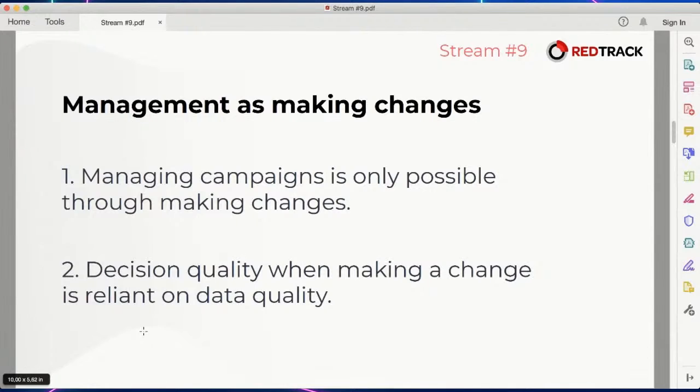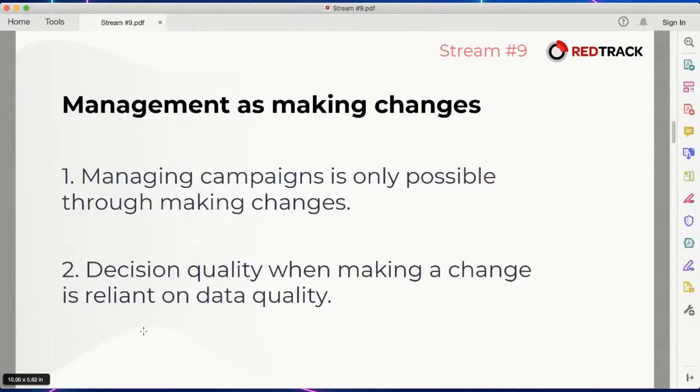So why did we start with the word management in the very beginning? Because managing campaigns is possible only through making changes. There is no other way to manage something. You make a change, the result changes. So management is about making changes.